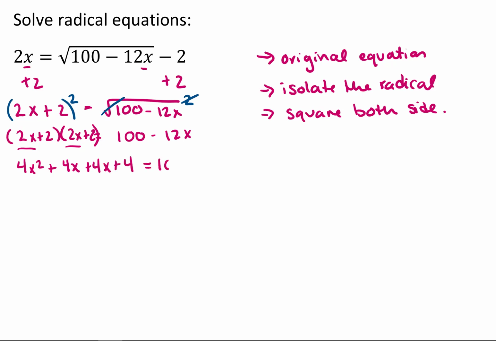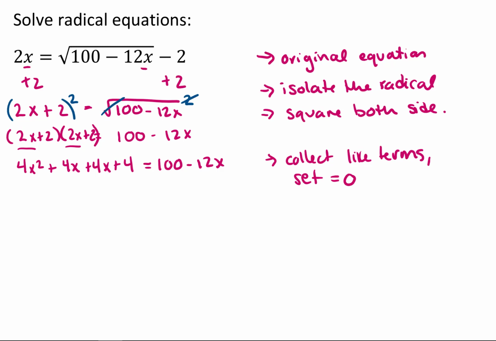We still have, right now, the 100 minus 12x on the right-hand side. So what we want to do is collect like terms, and we want to set one side equal to 0.